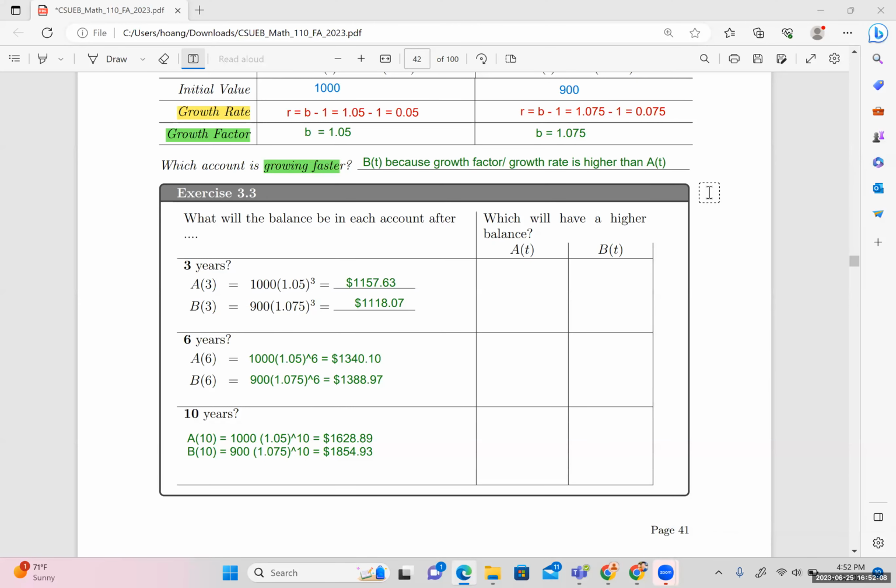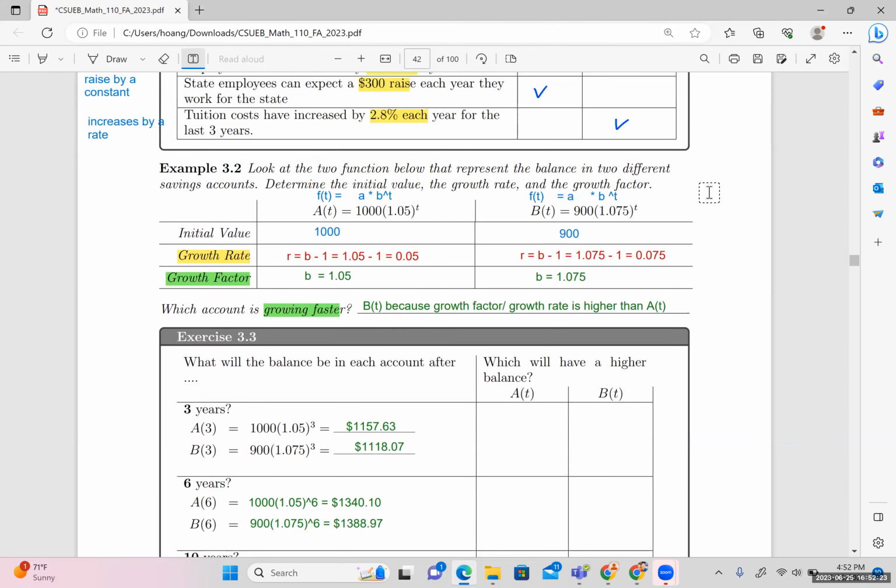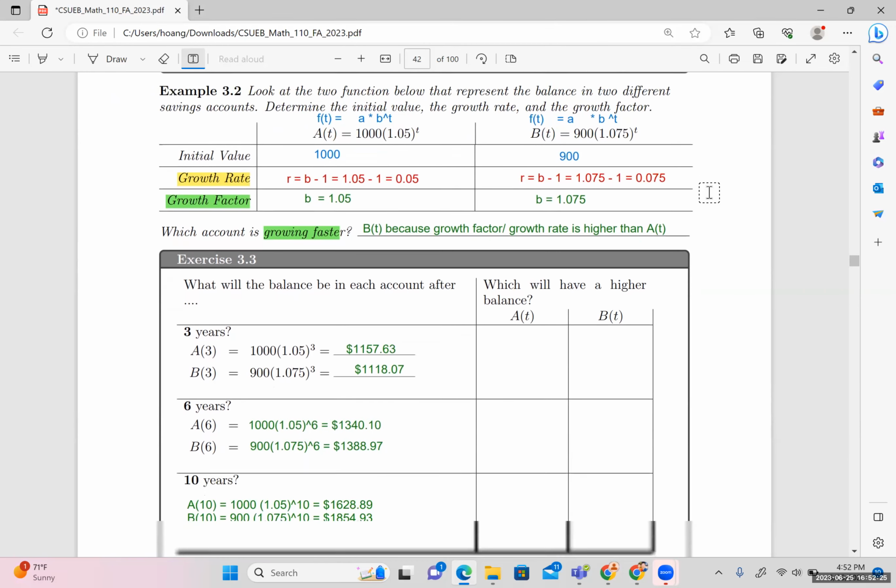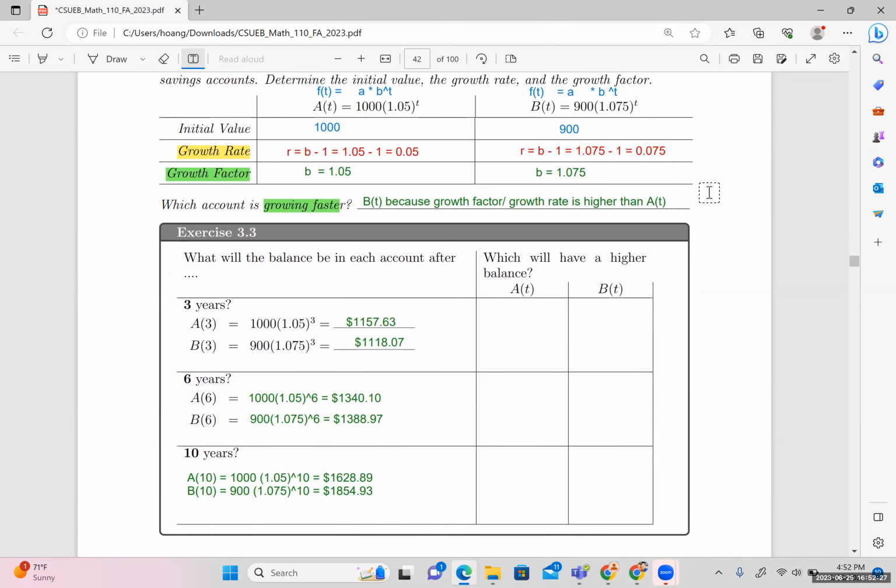Okay, so you can see that after 3 years, by using the function for company A and company B from the previous problem, we have 1157.63 for company A, and company B will be 1118.07. So company A will have the higher balance.